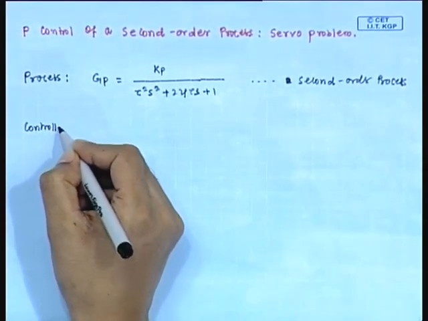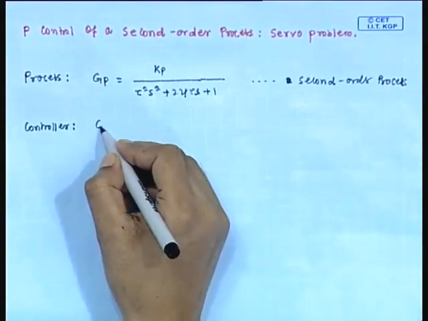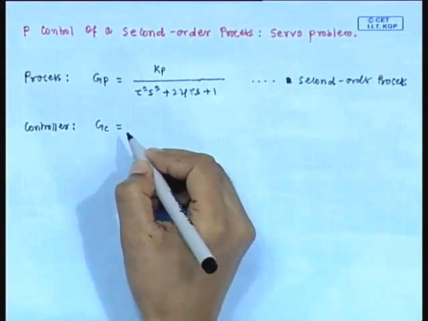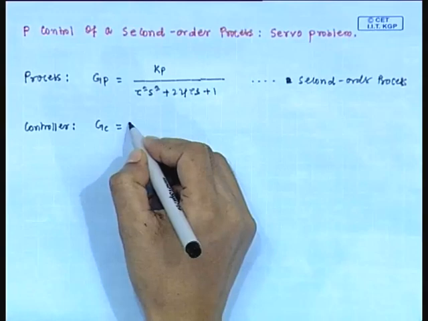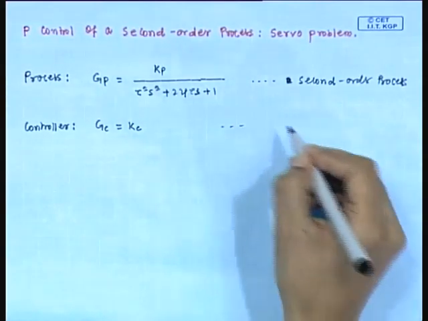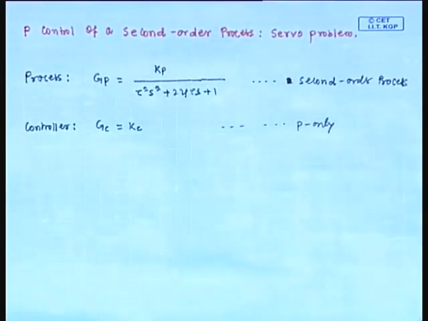Next element is the controller. We are interested to observe the closed loop performance under P only control. Accordingly, the controller equation has the form of Gc equals Kc. This is the transfer function of P only controller.